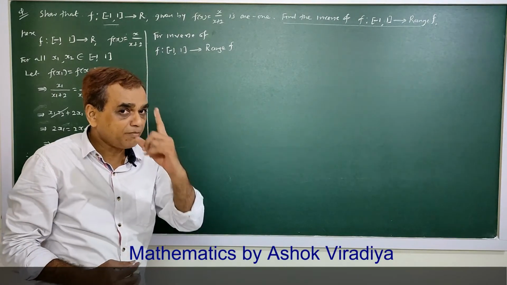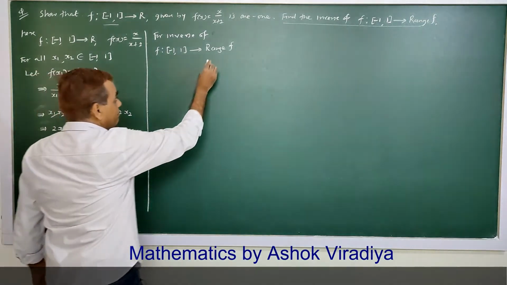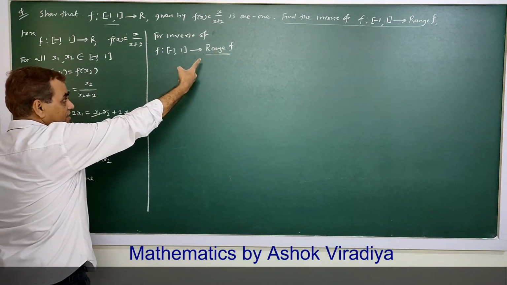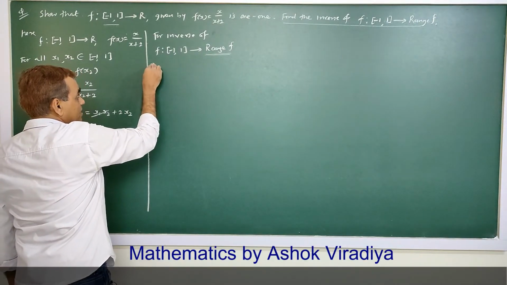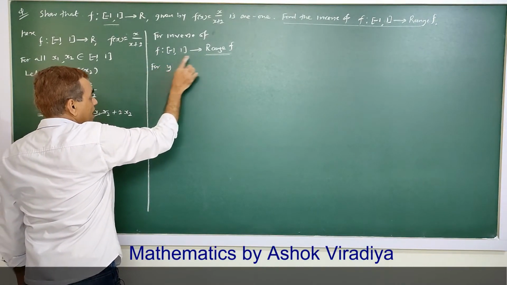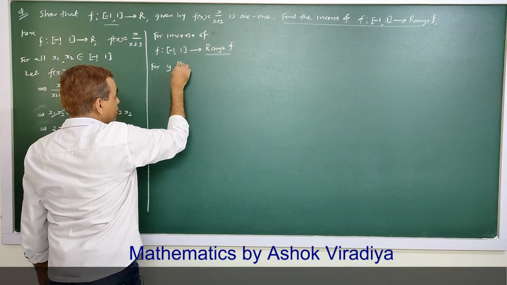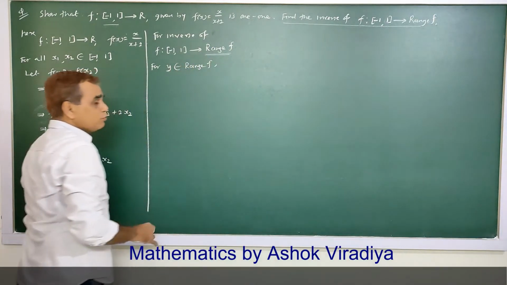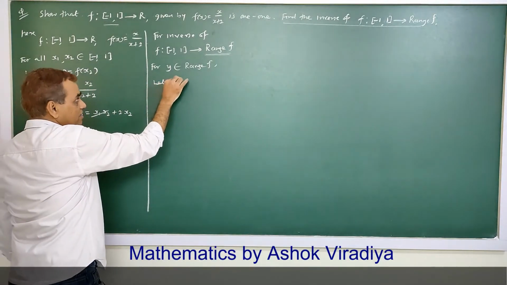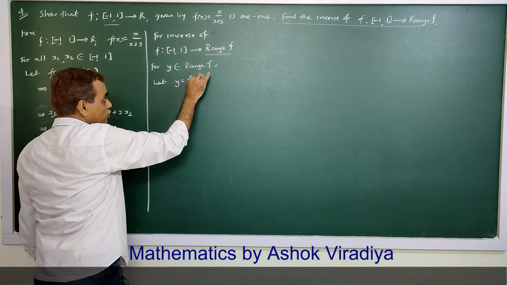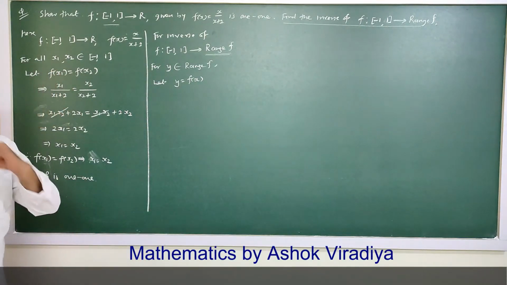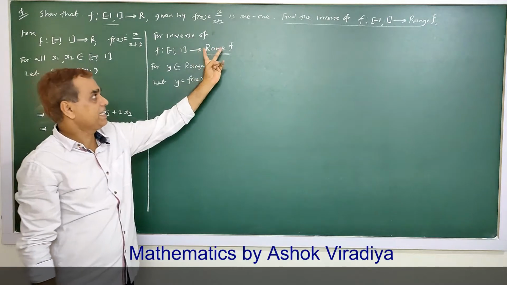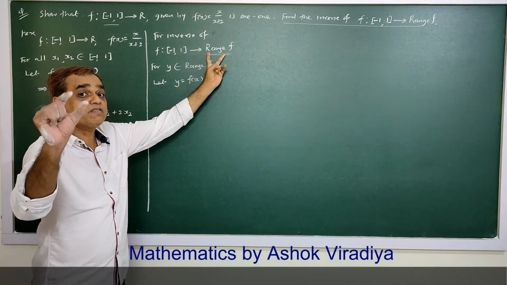To define g, the method is, for any y belonging to the range of f, we suppose that y is the image of x. Y is from the range of f, meaning the codomain whose inverse we want to find.